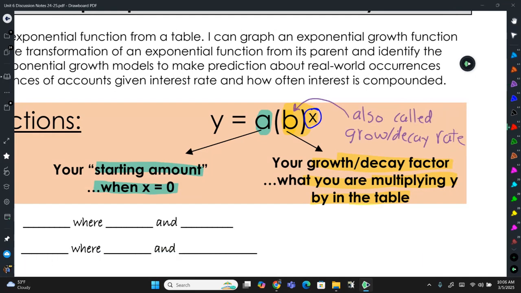Now, sometimes your a value is an invisible 1. So something like 3 to the x power, your b value is 3 because that's what's being raised to the power, but we don't have a visible a value, so it's an invisible 1.